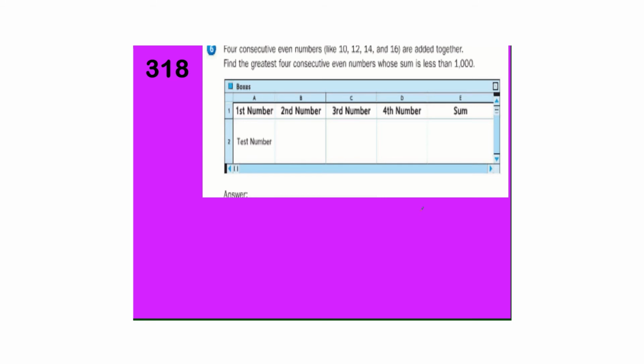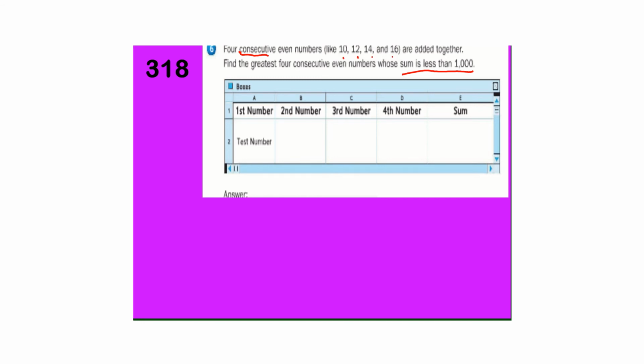All right, and here's an experiment. 4 consecutive even numbers like 10, 12, 14, and 16 are added together. And they want to get the biggest number they can that's less than 1,000. Consecutive means in a row, in order, like A, B, C, D. This is 10, 12, 14, 16.